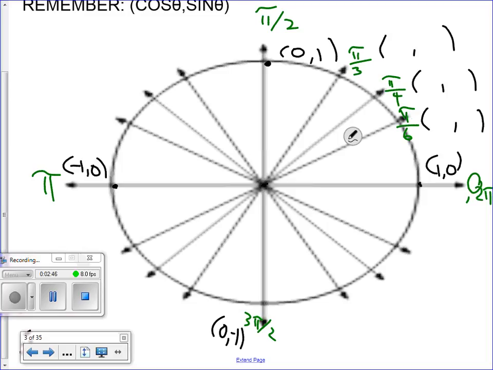Okay, pi over 6. What are the coordinates for that? What about when we get to pi over 4? And then pi over 3?